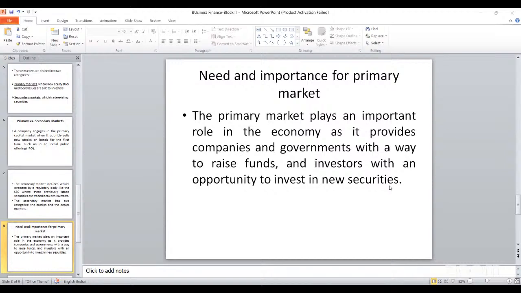In this primary market, we sell securities directly to investors who purchase them for the first time. In this financial market, different types of bonds and securities are traded at a very low rate of transaction.